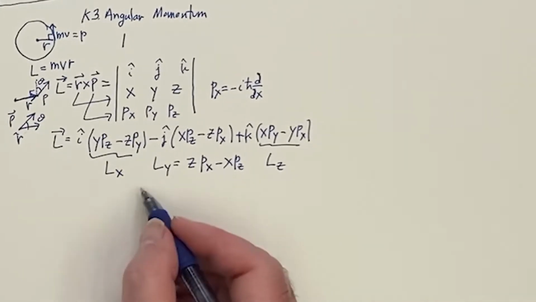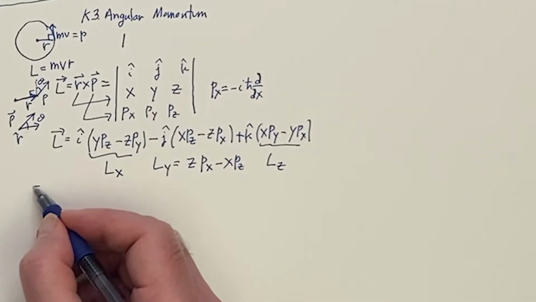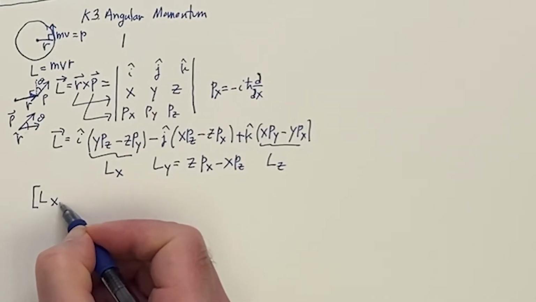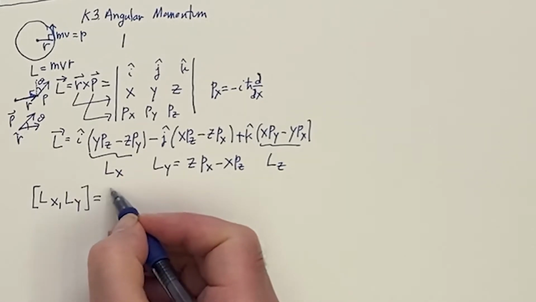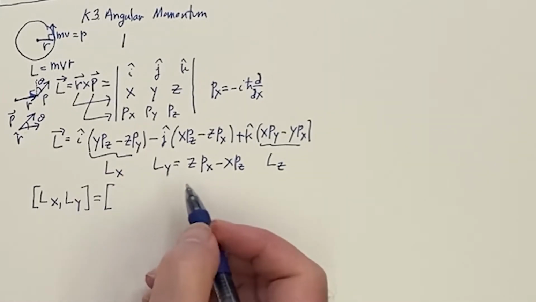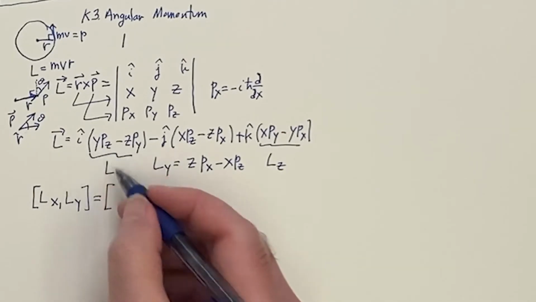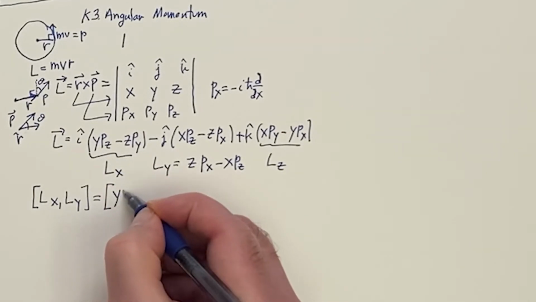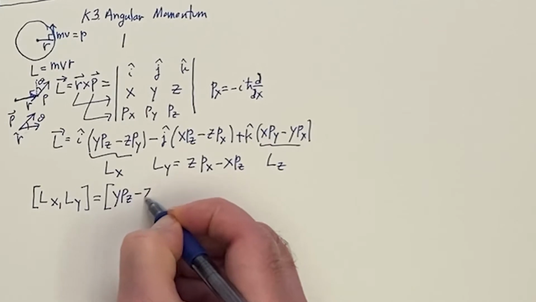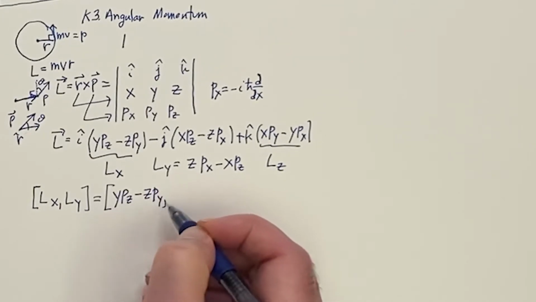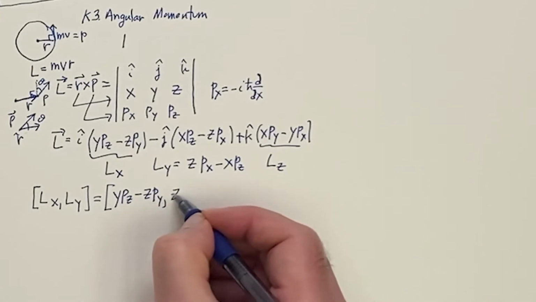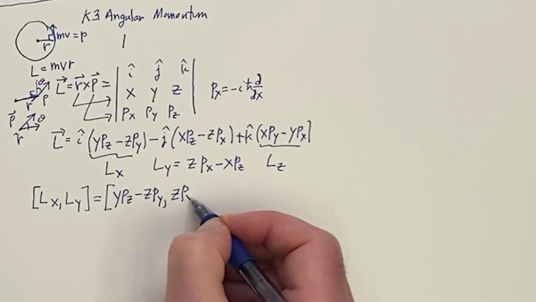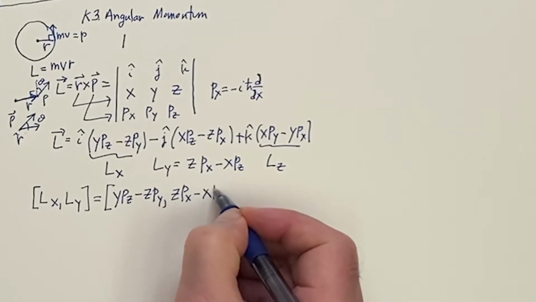So what we would like to do now is take the commutator of Lx with Ly. And that means we put the Lx one in here, which is y pz minus z py. And then we put in the Ly one, which is z px minus x pz.